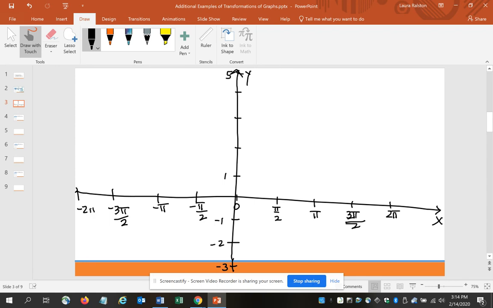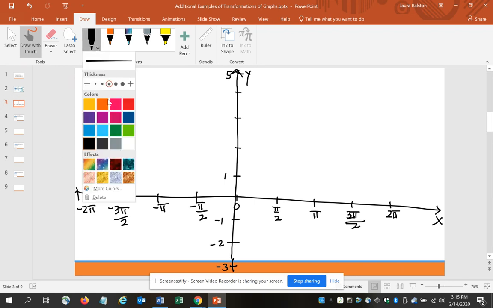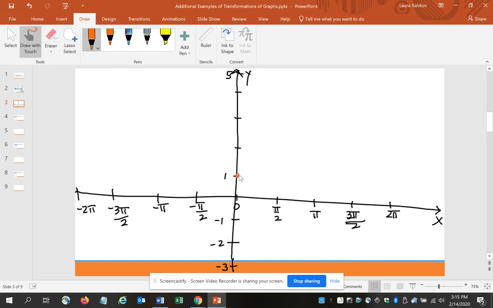and negative 2 pi. So if you're thinking about the basic cosine curve, the basic cosine curve begins at 1, it ends at 1, halfway it's at -1, and then you have zeros in between.